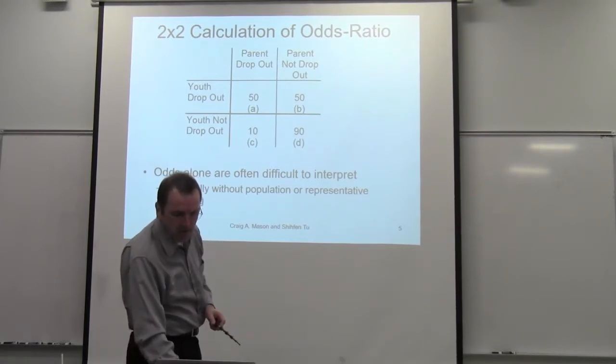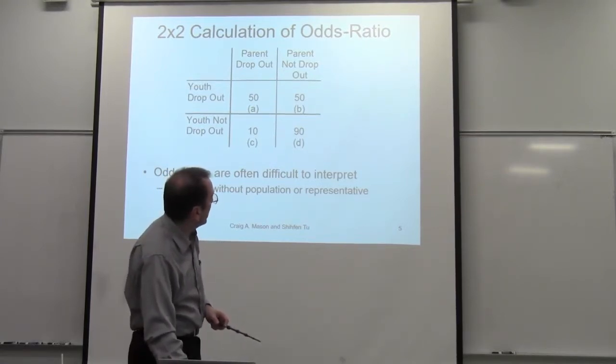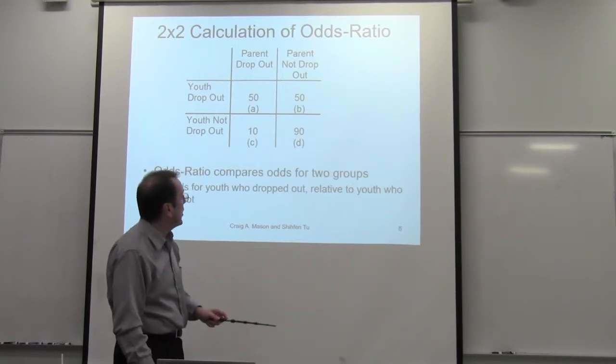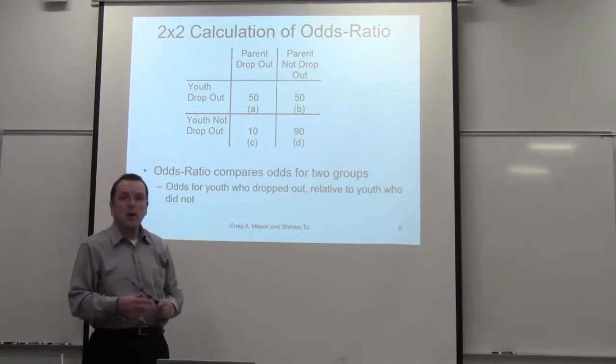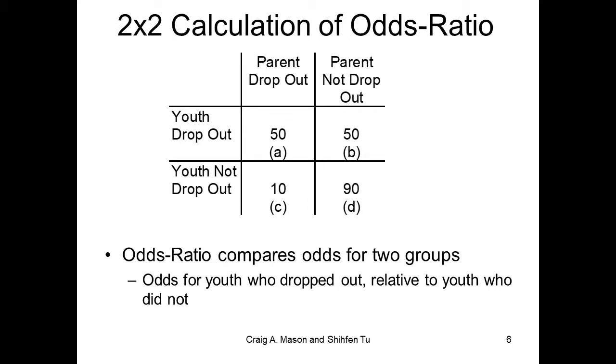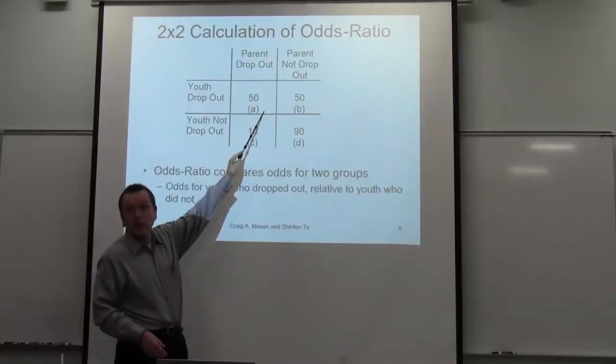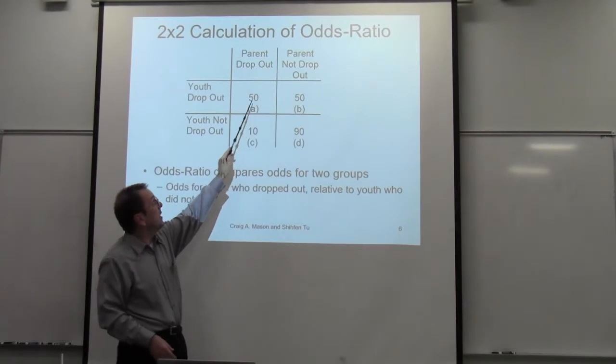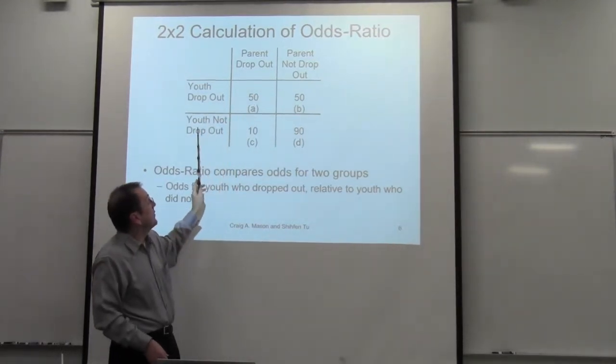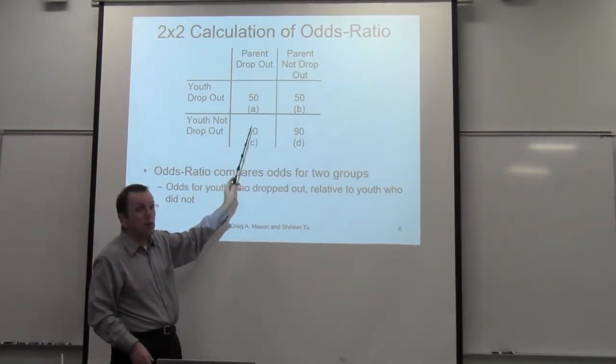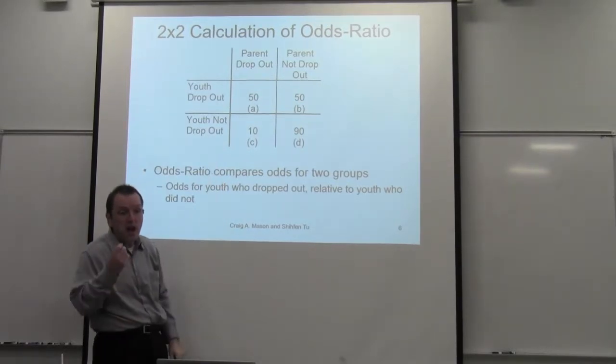So instead, what we do is calculate what's called an odds ratio, and the odds ratio compares the odds for two different groups. We look at the odds of having a parent who dropped out for the youth who dropped out, versus the odds of having a parent who dropped out for the kids who did not drop out.